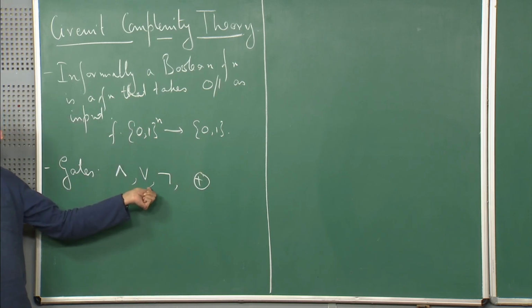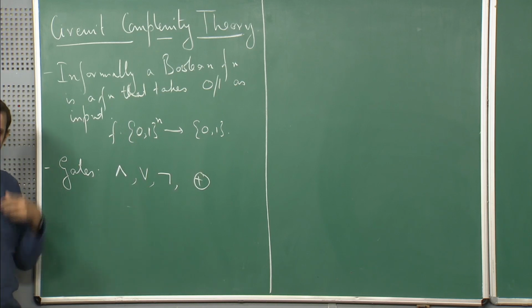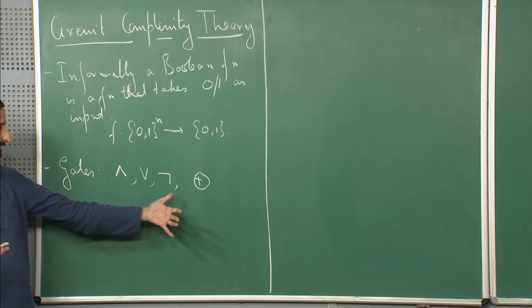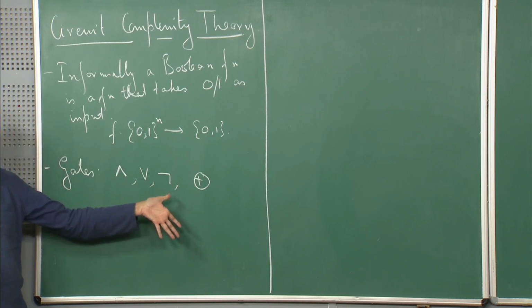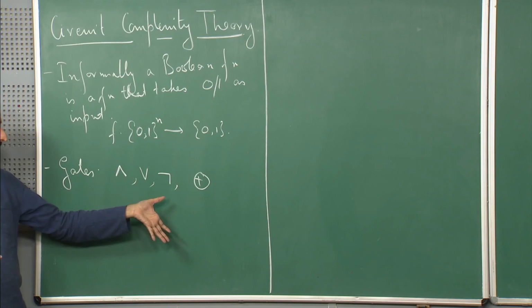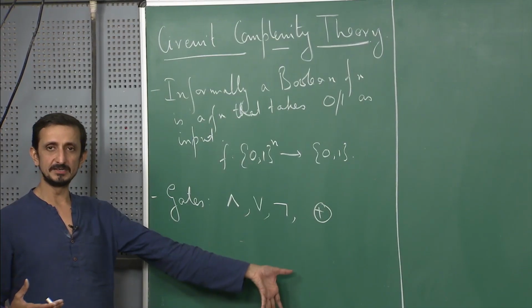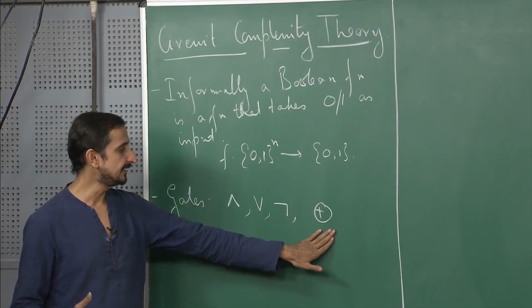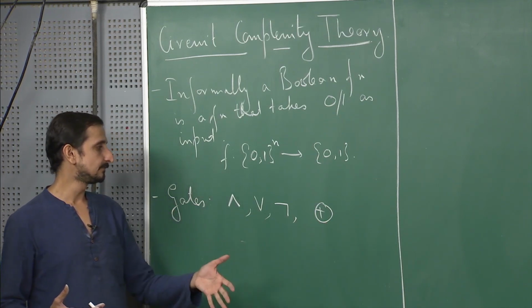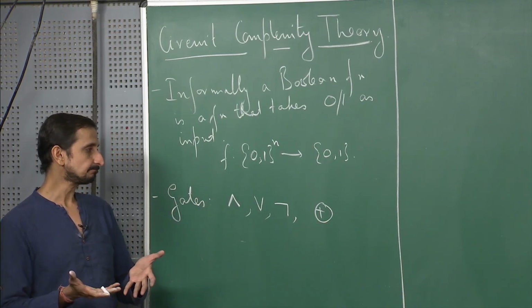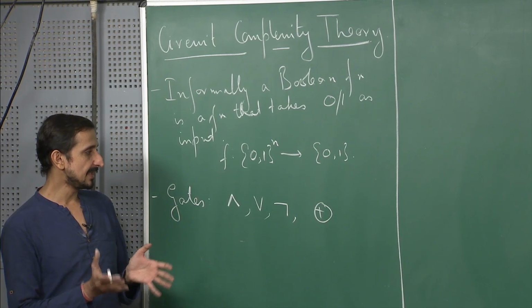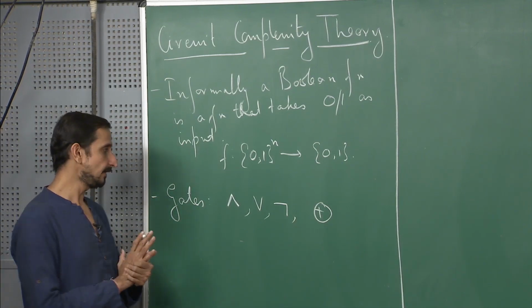The OR gate outputs 1 if there exists some input which is 1. The NOT gate just takes one argument as its input, and it will output 1 if and only if its input is 0. And the parity gate outputs 1 if exactly one of its inputs is 1.